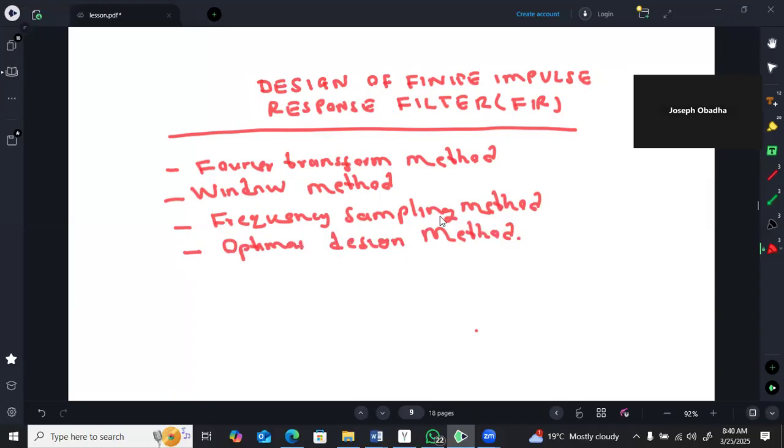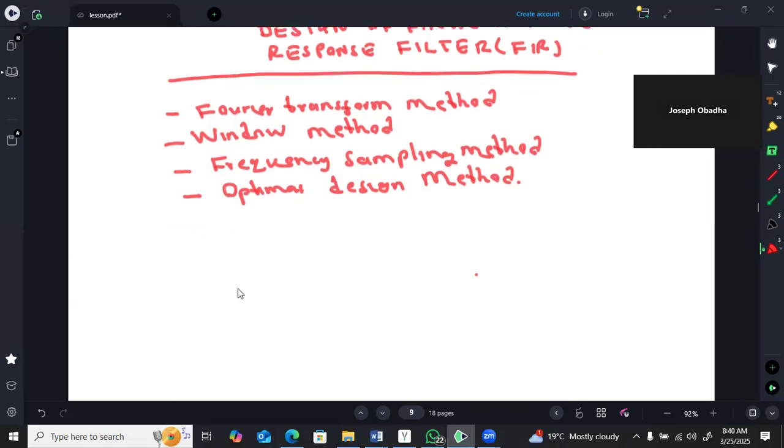So before we discuss the various methods of designing these filters, I will give an overview of what the finite impulse filters are.